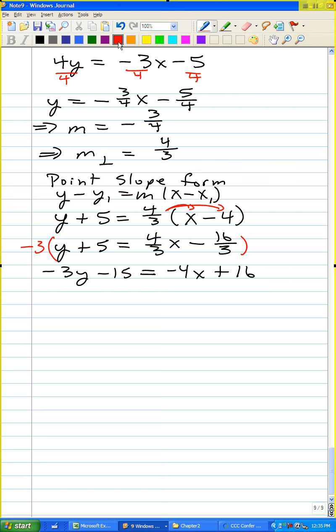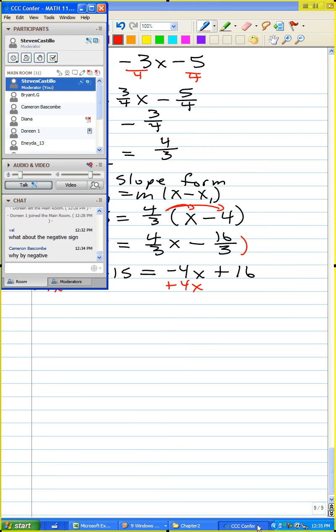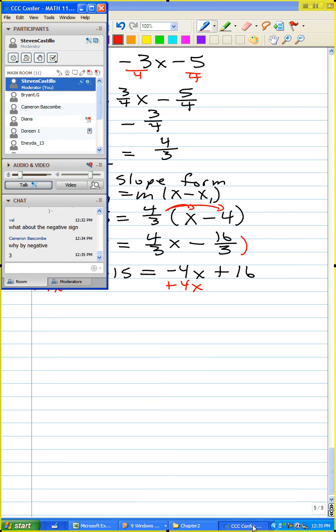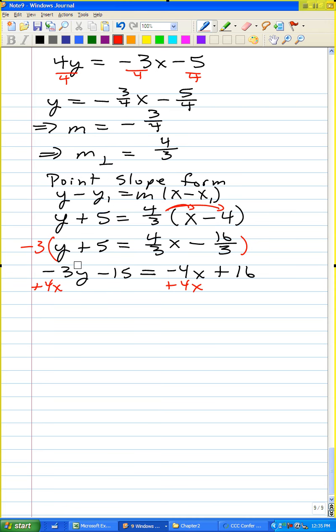Let me add 4x. Why? Because I want a positive in front of the x. So notice that I now have a negative 4x.